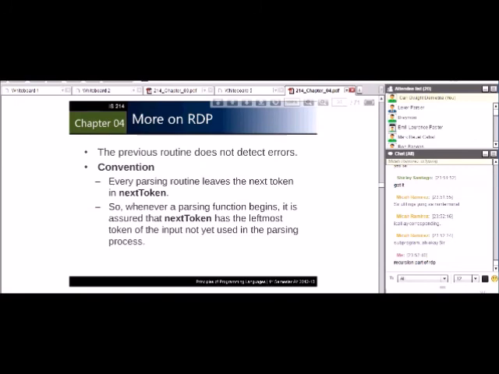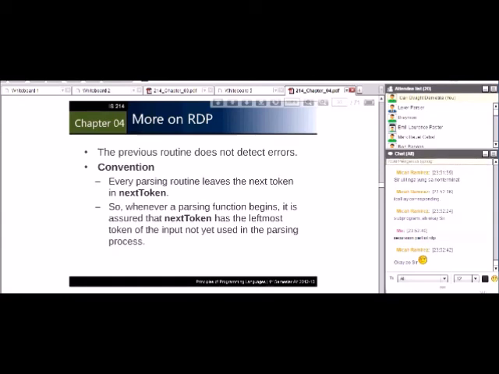Because just like what I mentioned, every non-terminal has a corresponding subprogram or function. Always. Because RDP, recursive descent parsing, uses recursion.